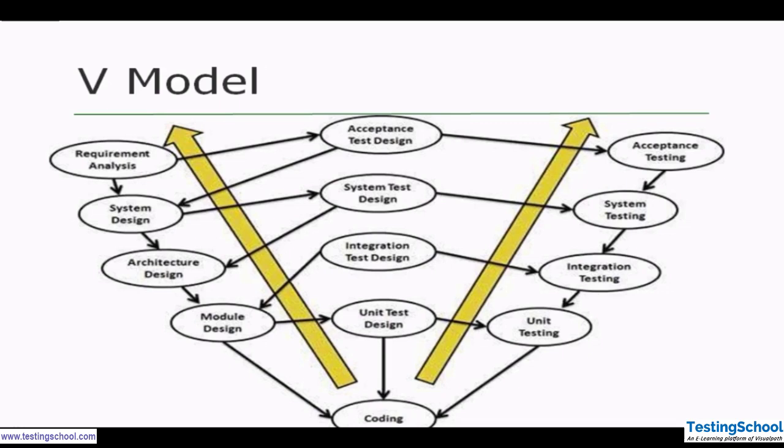If the developer is doing the architecture design, then the tester can write integration testing test cases. After that, the developer starts the system design and the tester can write system testing test cases, that is end-to-end testing. And at the last, the requirement analysis.